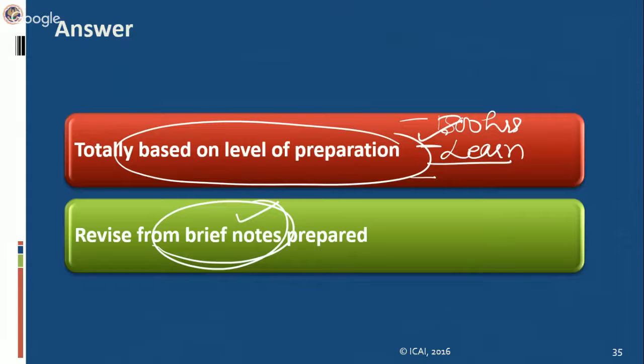One day before the examination will give you enough comfort if your level of preparation, 3-4 months before the examination, was good, you prepared well in a strategic manner, and simultaneously you also prepared brief notes.